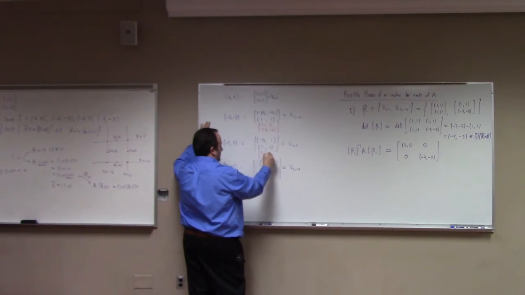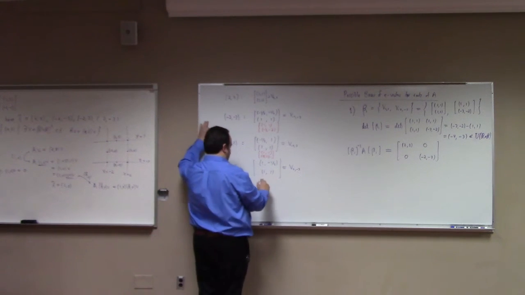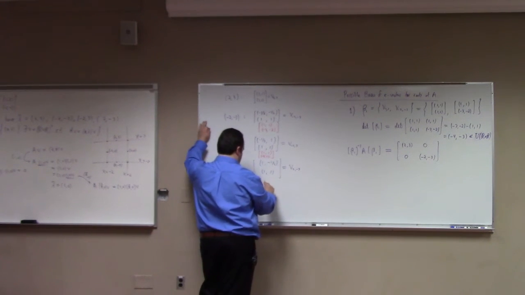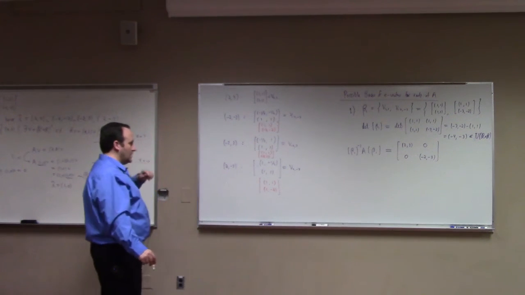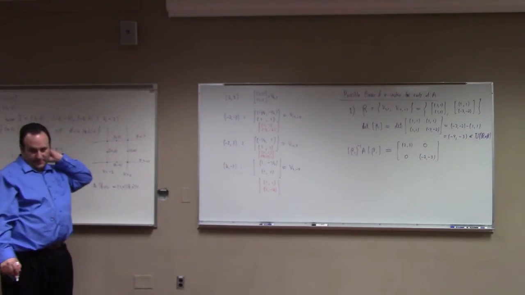I guess 1, 1 and negative 3, 1, yeah. And this we could look at as 1, 1, 1, and 1 minus 2, to get rid of the fractions.